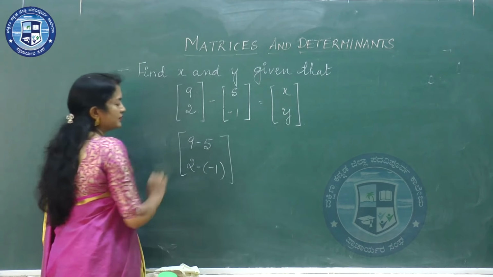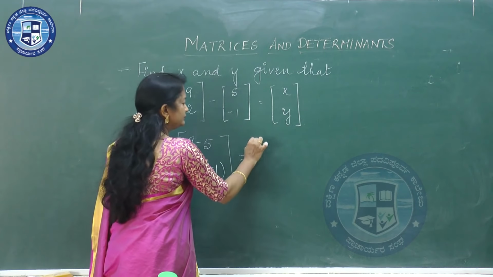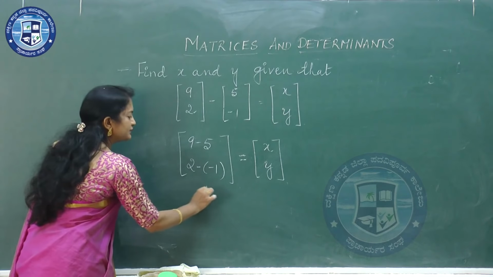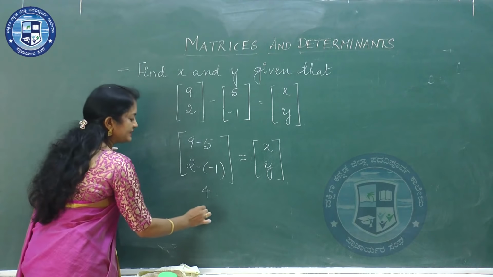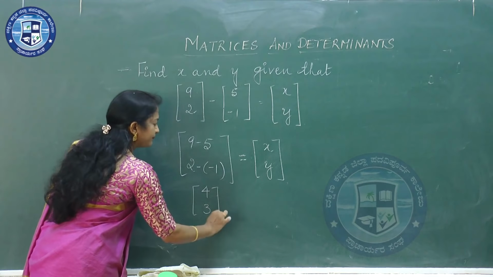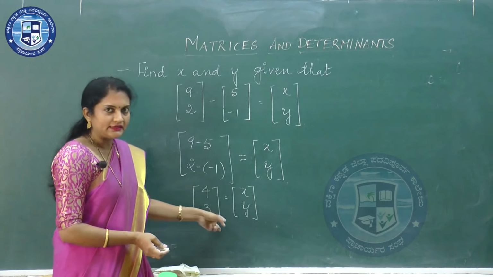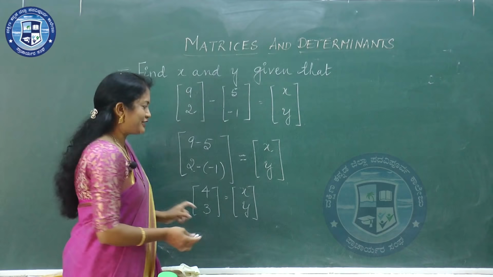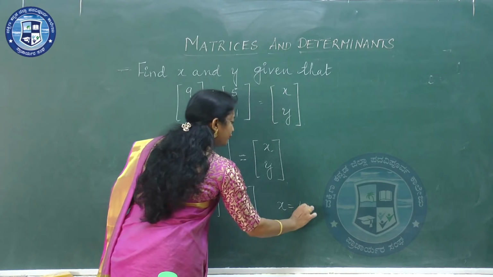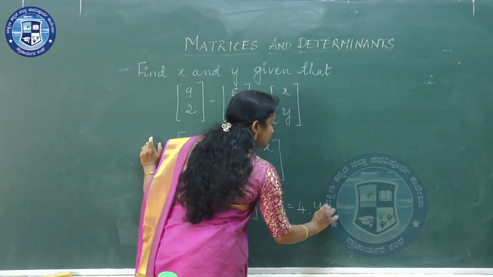The difference of these two matrices is equal to x, y. 9 minus 5 is 4, 2 minus of minus 1 is 2 plus 1, that is 3, equal to x, y. Now when two matrices are equal, we equate the corresponding elements. So from this we get x is equal to 4 and y is equal to 3.